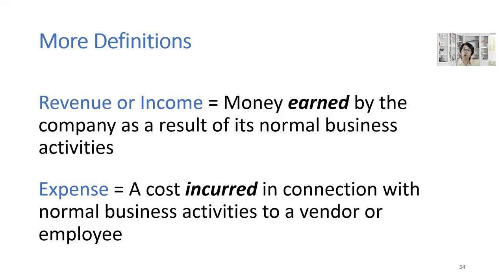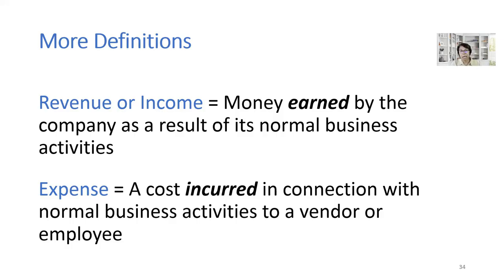Revenue is money earned by your company, like you did a service, you sold somebody something, and it's a result of normal business activities. And you might wonder why you say normal business activities. It's because sometimes you could earn money that's not a normal business activity.